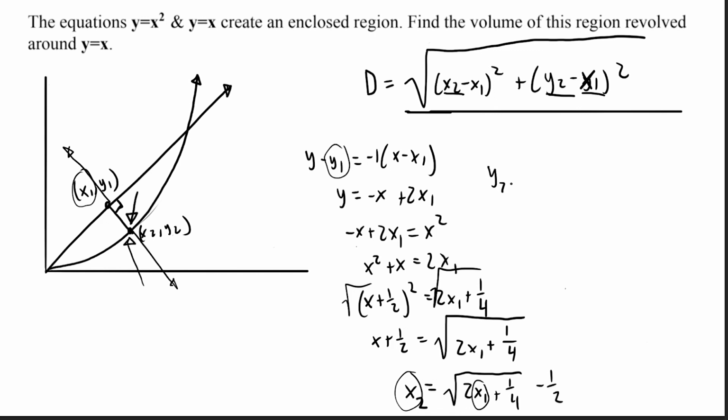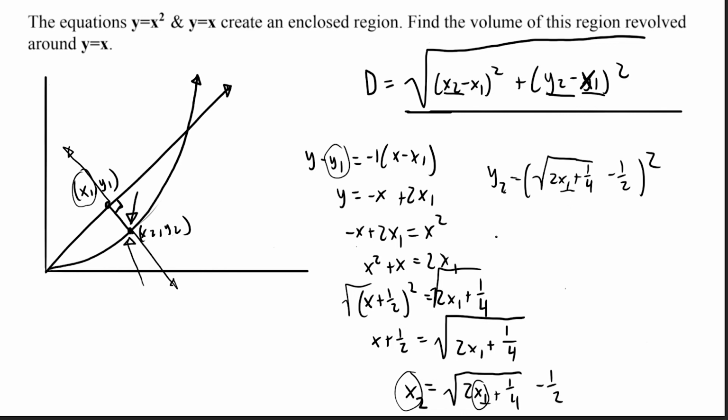We have y2 equals the square root of 2x1 plus 1/4, minus 1/2, squared. Now we have both x2 and y2 in terms of x1.